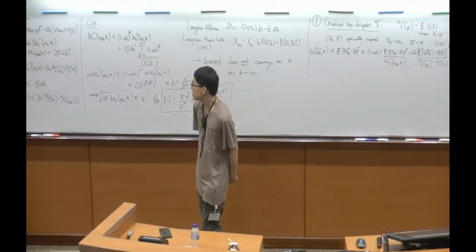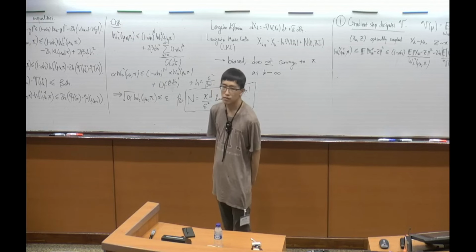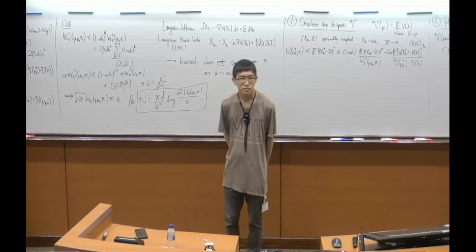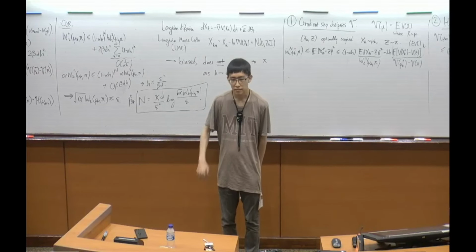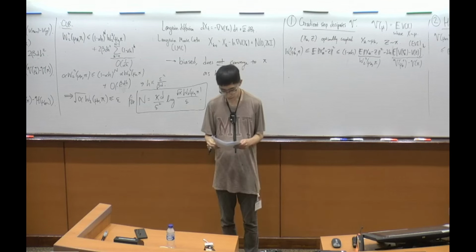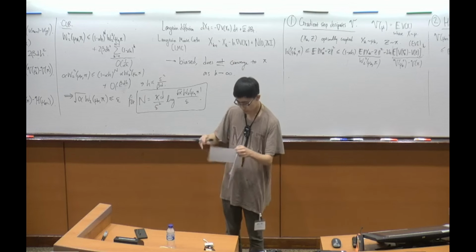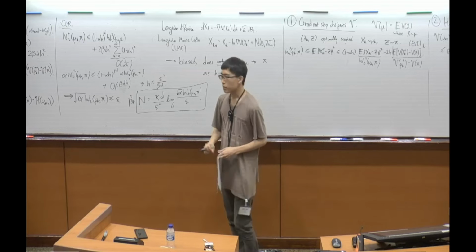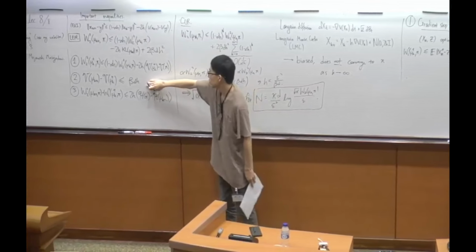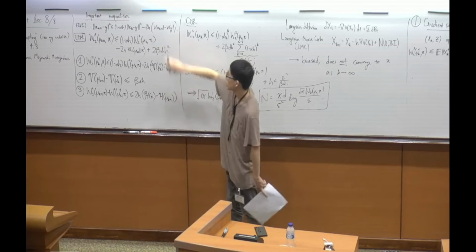And I'll give you a minute. Yeah, so what you should get is you multiply this inequality by 2h, you add it to this one, and then you also add it to this one, and you'll get precisely this lemma.